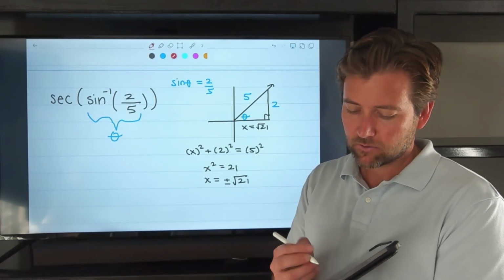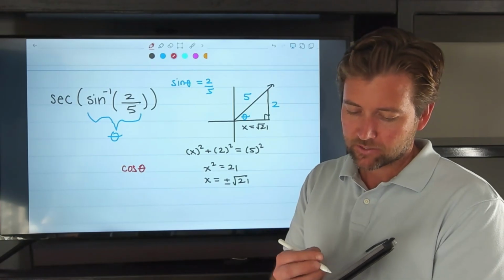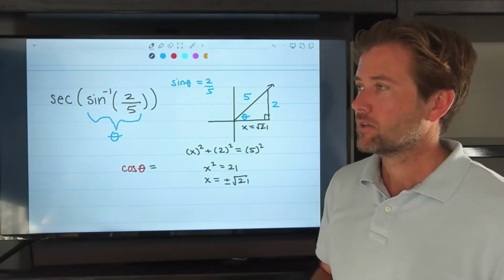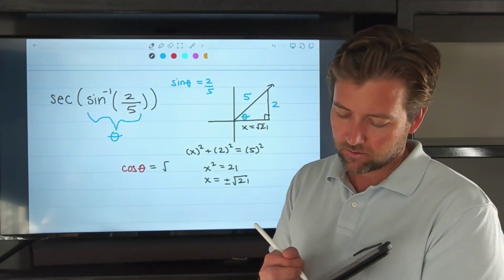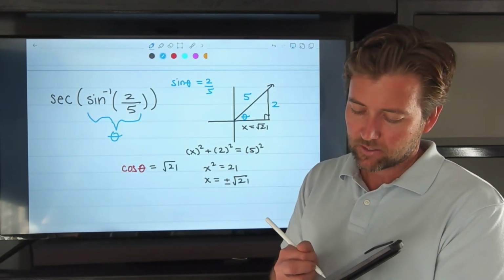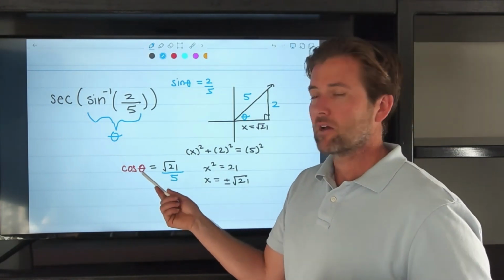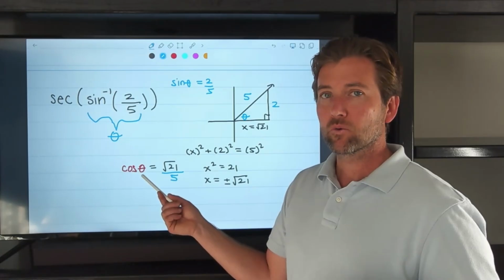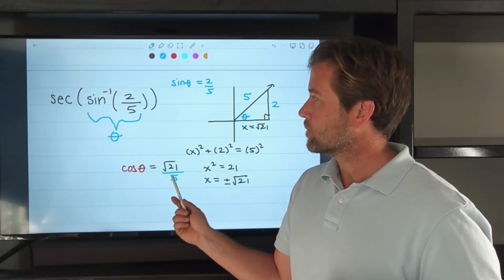So I'm going to just evaluate what is the cosine of theta, because that's the reciprocal of secant. So the cosine of theta is the adjacent side divided by the hypotenuse. Again, the cosine of theta cannot output a value bigger than 1 nor smaller than -1, so it's good that this value is smaller than 1.